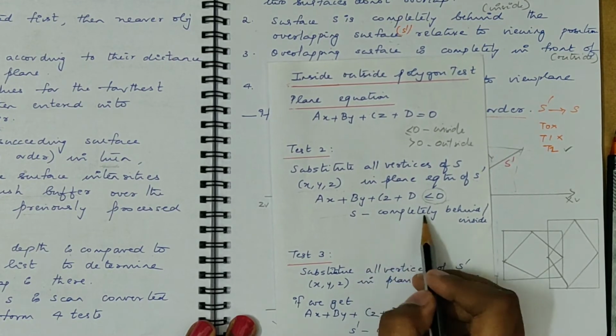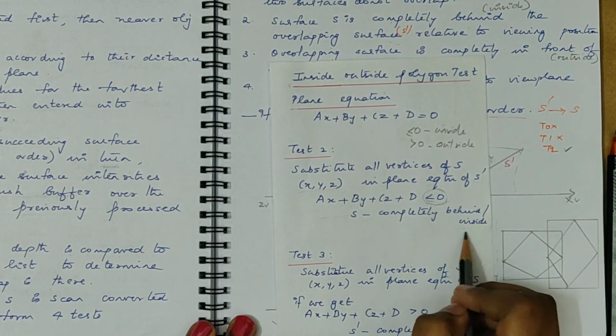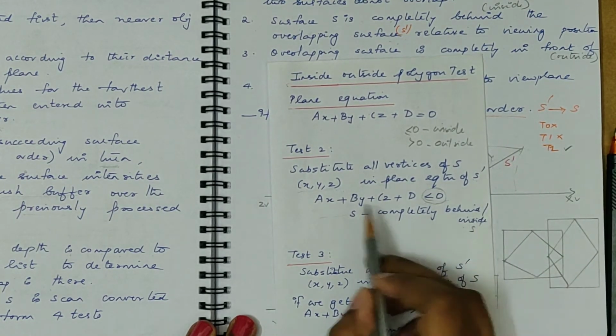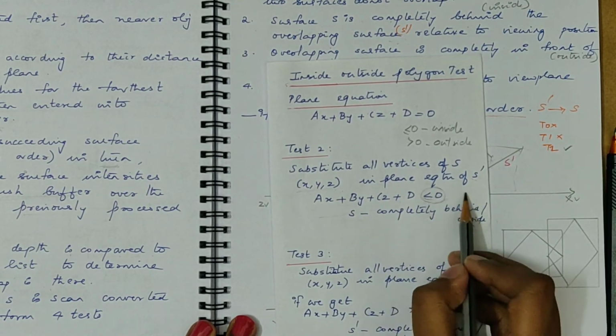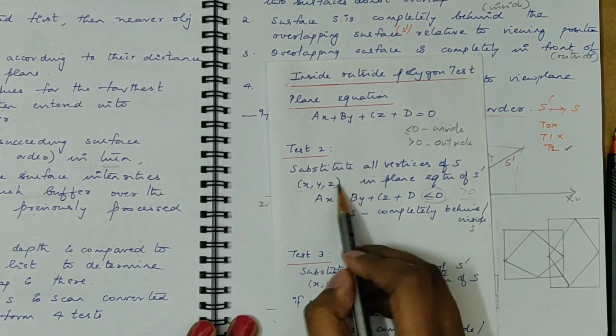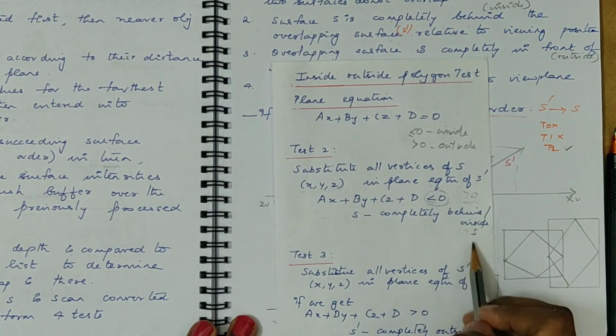Then we say that S is completely inside or behind S dash. But if any point gives a value greater than 0, then S is not completely behind S dash.